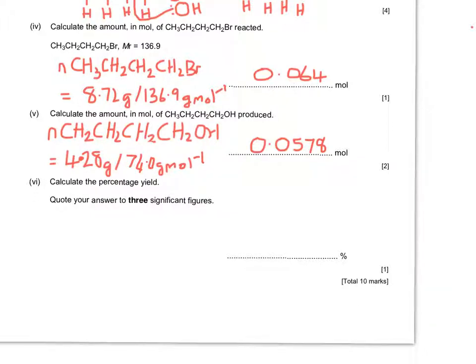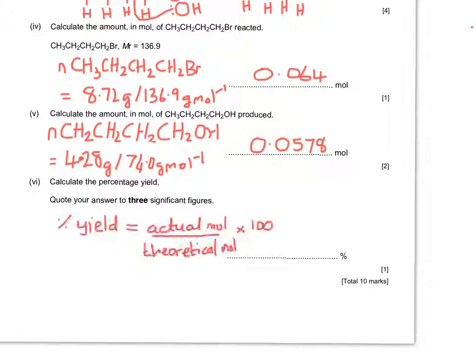So the percentage yield is obviously the actual moles we obtain over the theoretical moles that we should have got times 100, which is 0.0578 over 0.064. Obviously it's a 1-to-1 mole ratio between butan-1-ol and 1-bromobutane. So that gives us 90.3 as our percentage yield.